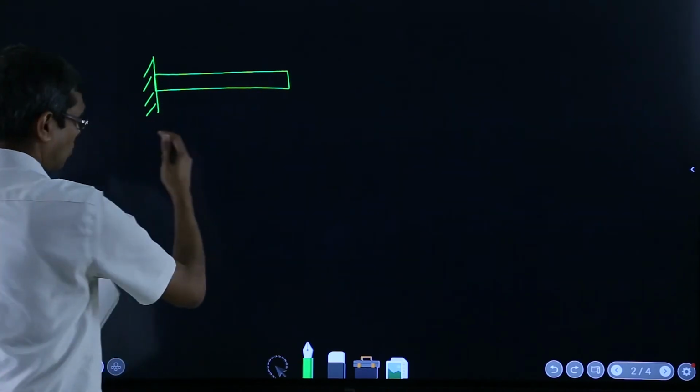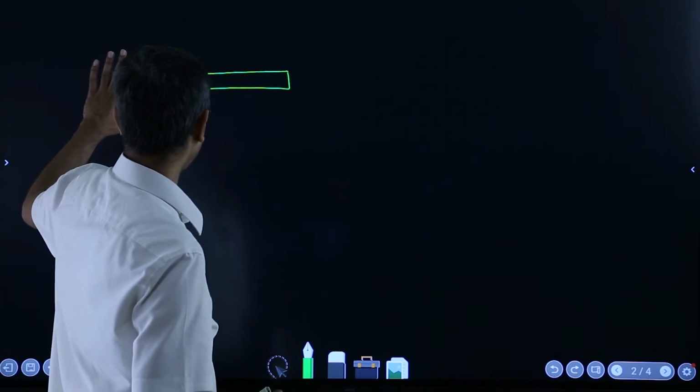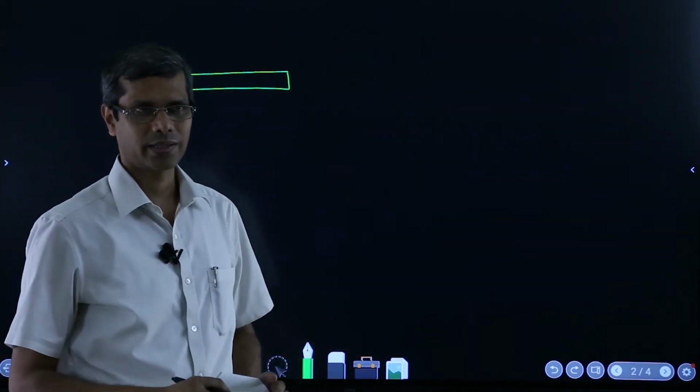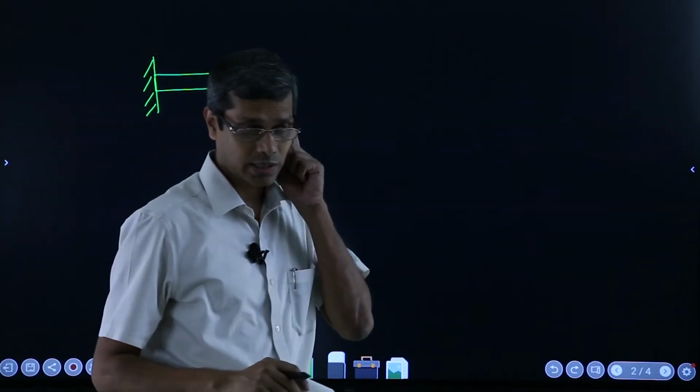This is called a cantilever beam, and which is fixed to the wall on one side. You might have seen that over the window sills and all.